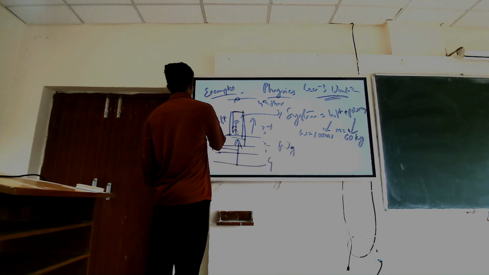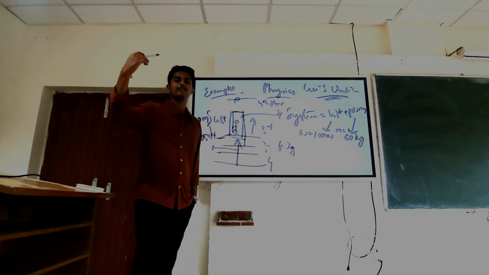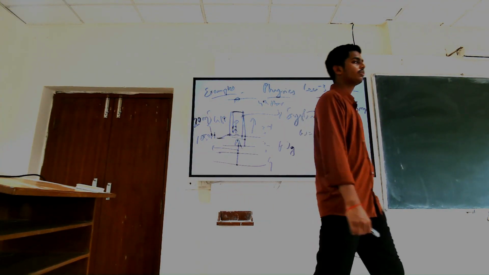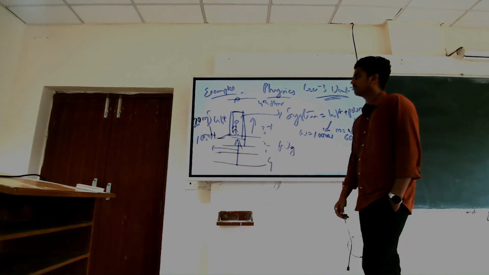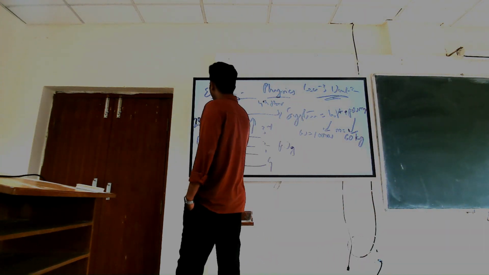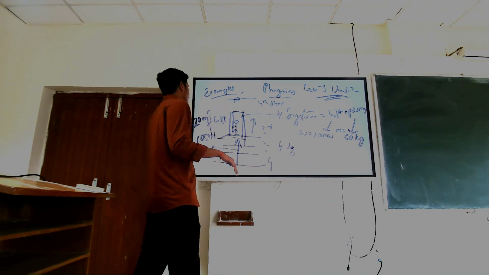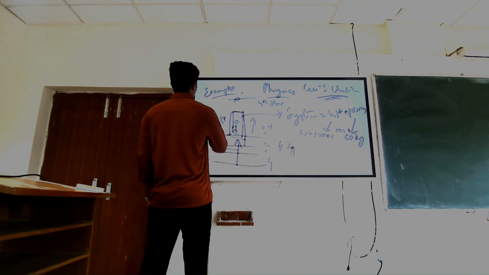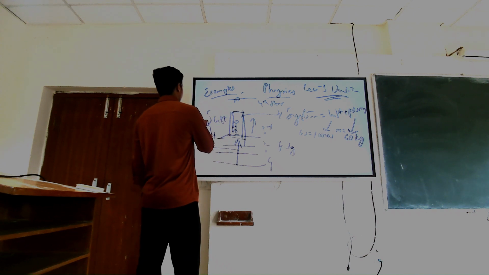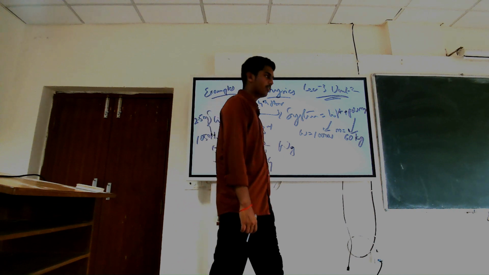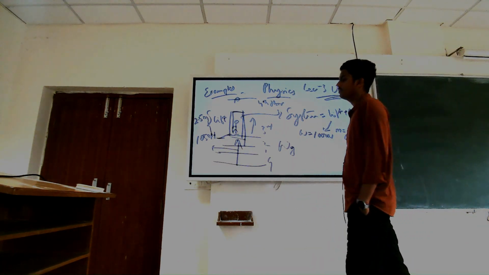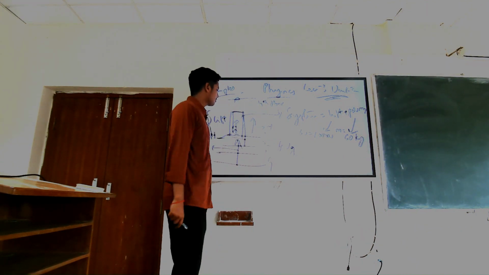Actually it won't be that much. 20 meters is very long. Let's take it like 2.5 meters. It is practical also. 2.5 meters is the distance between each and every floor. So distance we know, force also we have to calculate.